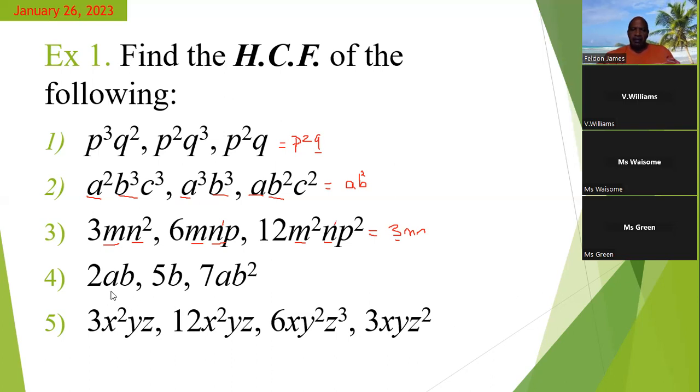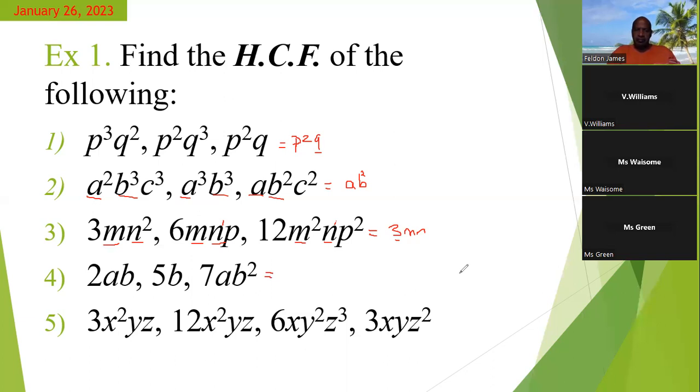All right, moving along. Who else would like to give me the HCF for question 4? May I try again, sir? All right, Ms. Williams, go ahead. Okay, sir.